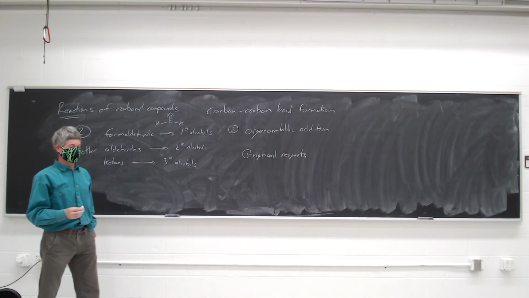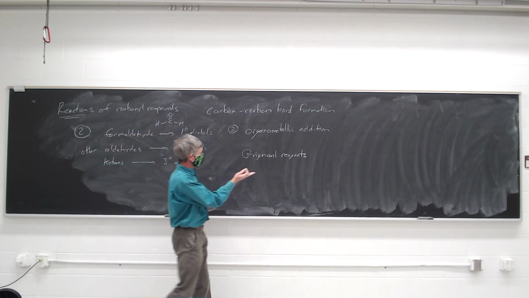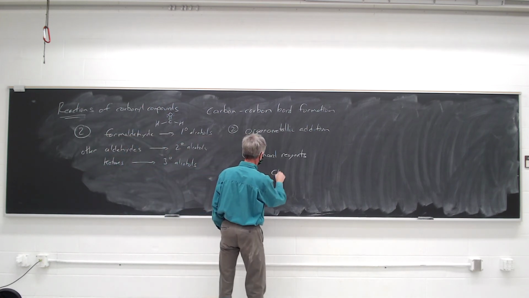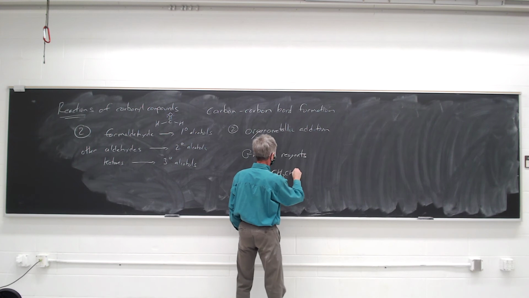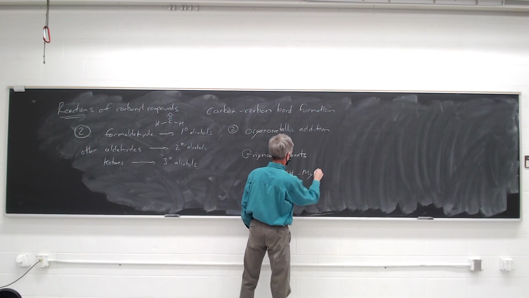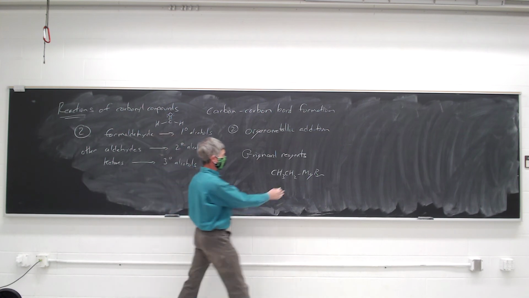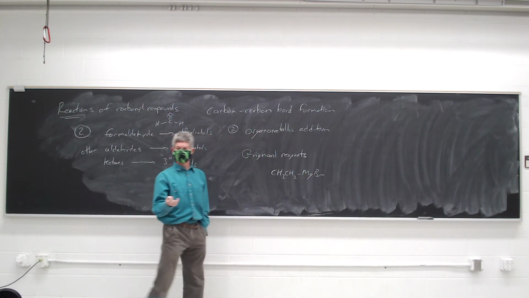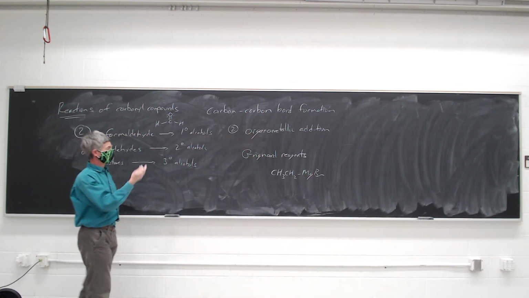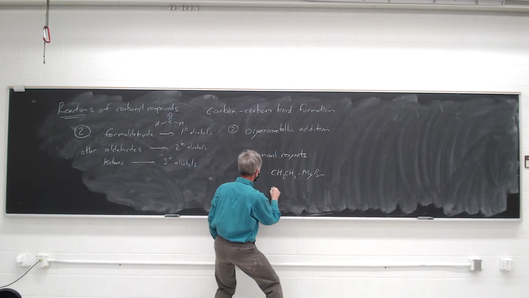It's got a magnesium, so it's an alkyl magnesium, either the bromide or the iodide, so it's magnesium in between a halogen and the alkyl group. It acts like C minus.